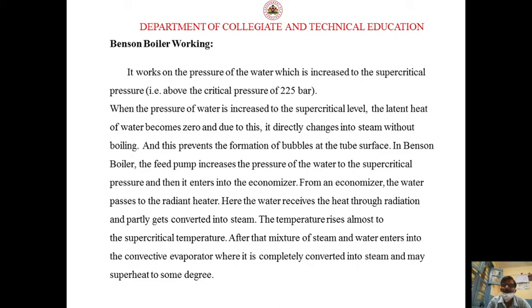From the economizer, the water passes to the radiant evaporator. Here, the water receives heat through radiation and partly gets converted into steam. The temperature rises almost to the supercritical temperature. Then the mixture of steam and water enters the convective evaporator, where it is completely converted into steam and may be superheated to some degree.